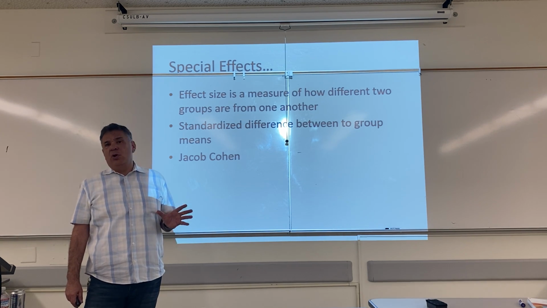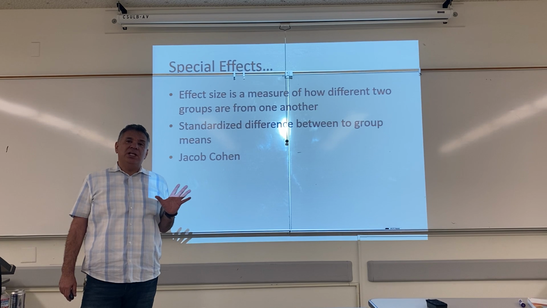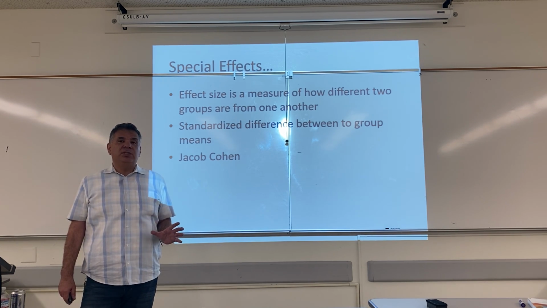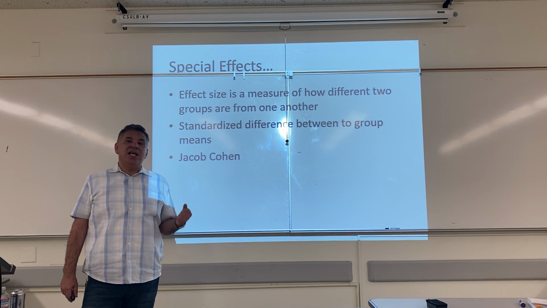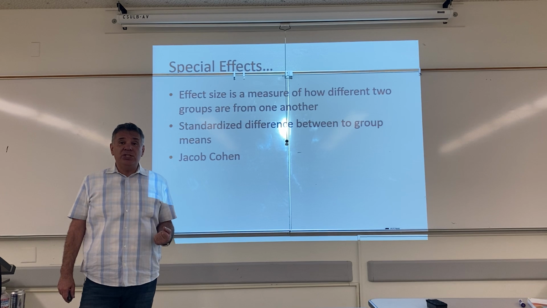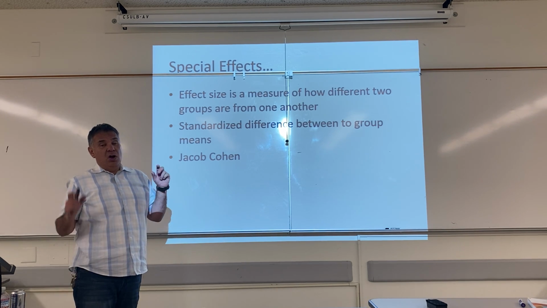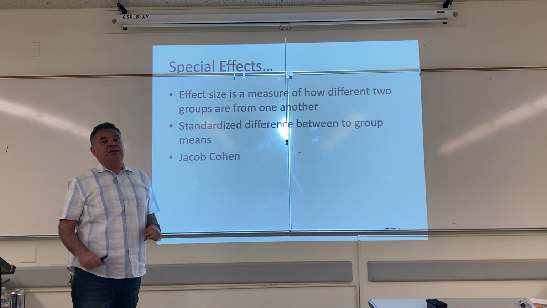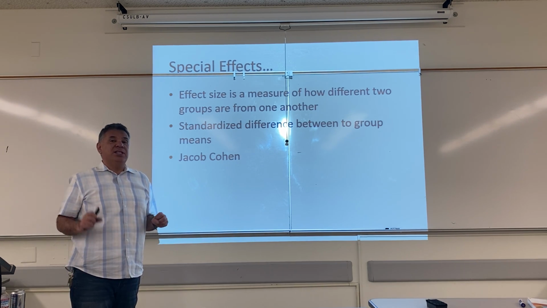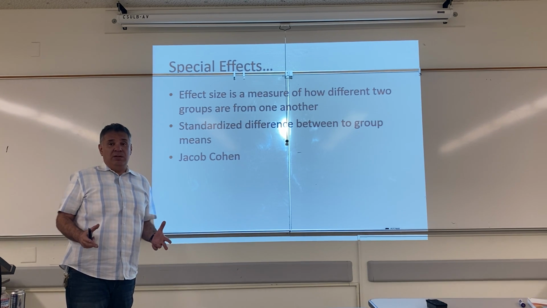We don't really ever know because we're not testing the population, but if our groups are representative, then whatever differences we find within our groups, we can infer that's the same thing we would have found had we been able to test it in the population. So when the differences are significant, we believe the differences are real, and when the differences are non-significant, we believe the differences are not real.